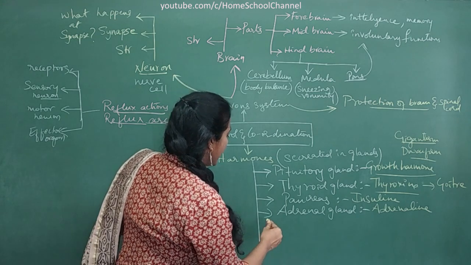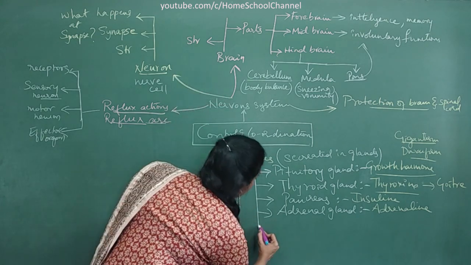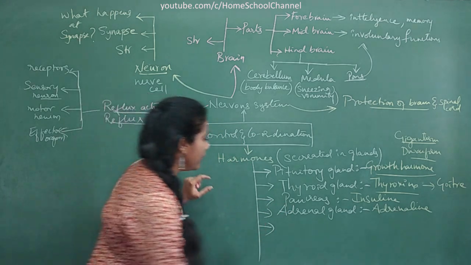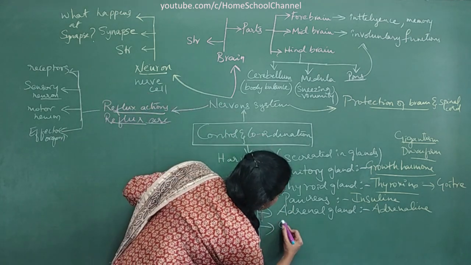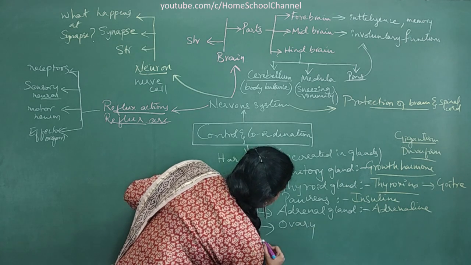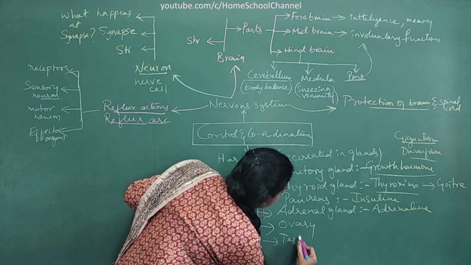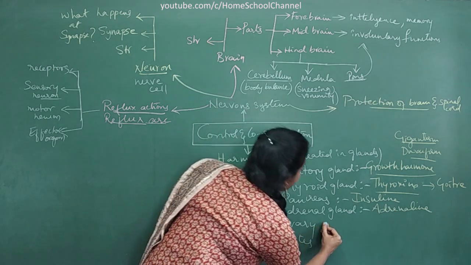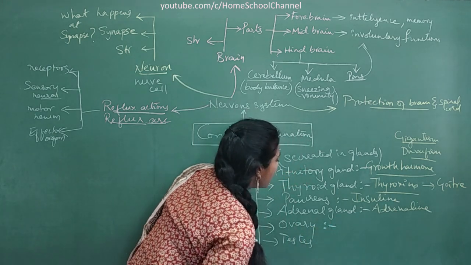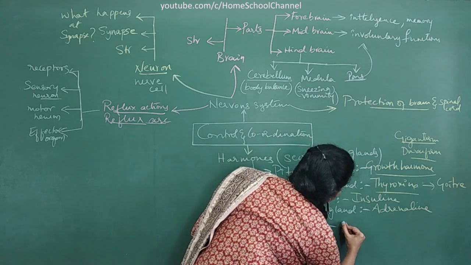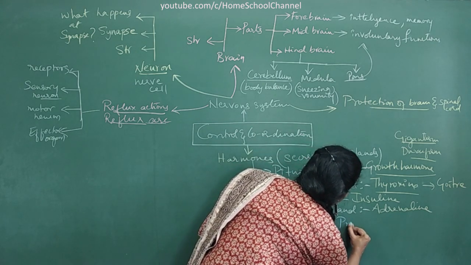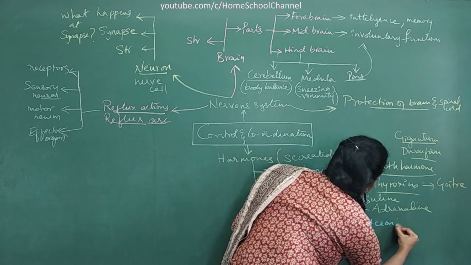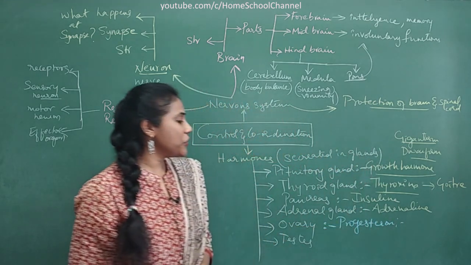And coming to the next organ, I cannot say it as a gland, it is one of the organs, that is the ovary. So I am talking about the ovary and testis. Clear? So the ovary secretes female hormones called estrogen and progesterone. What is the work of progesterone?